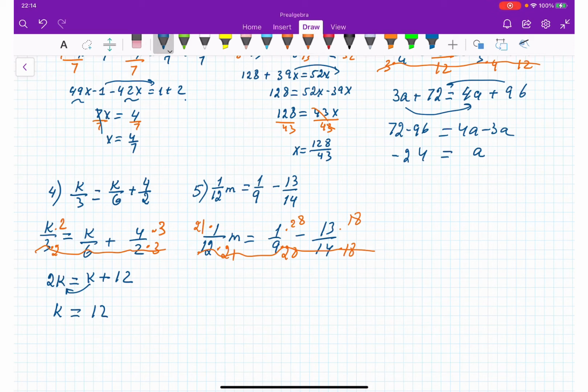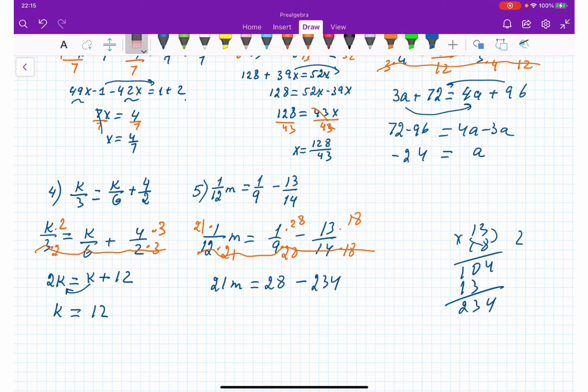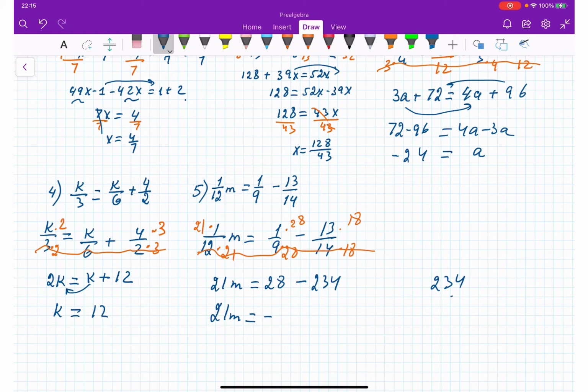Okay, let's now write down what we have left. 21m is equal to 28 minus 13 times 18. 8 times 3, 24, 2 in mind, 8 and 2, 10. And 13 here, it's going to be 234, minus 234. Okay. And the result is 21m is equal to 234, it's going to be a negative number obviously, minus 28. 14 minus 8 is 6.